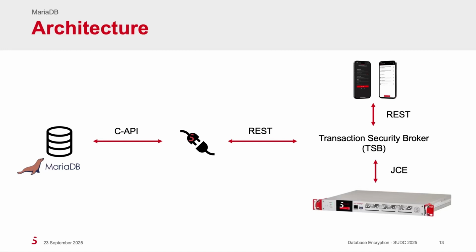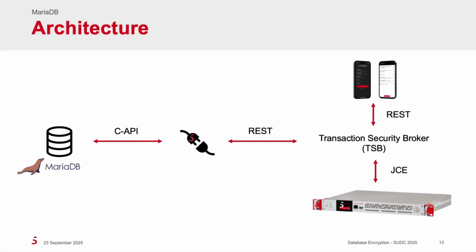And towards the HSM, we use the REST API, because this then allows us to use the transaction security broker to use keys that are protected by smart key attributes with this whole approval workflow, but also just normal keys. If you don't want to use smart key attributes, this doesn't apply, and it just goes directly without any workflow automation.